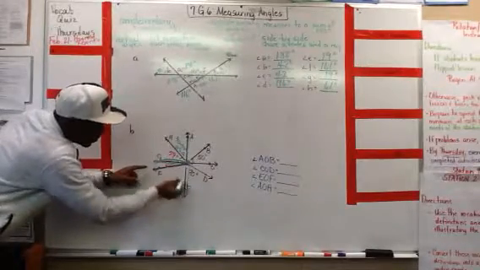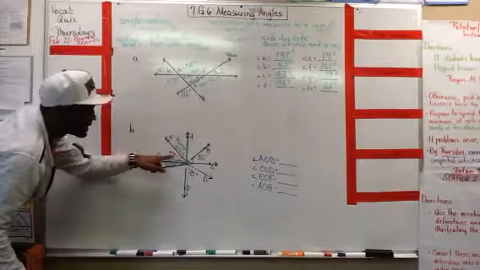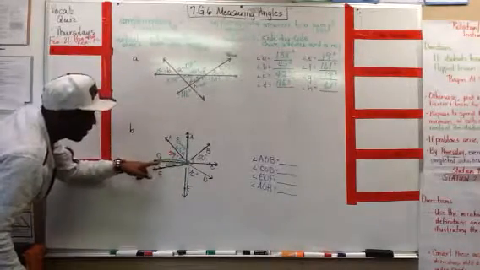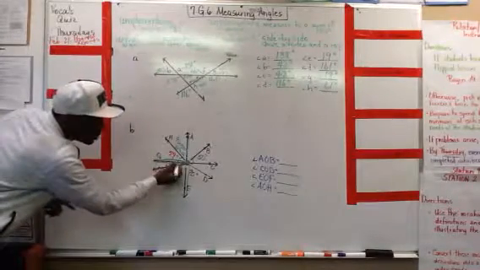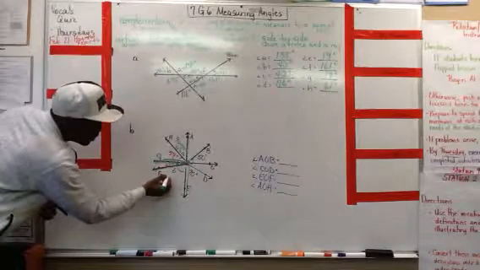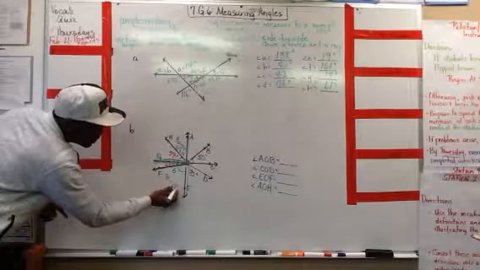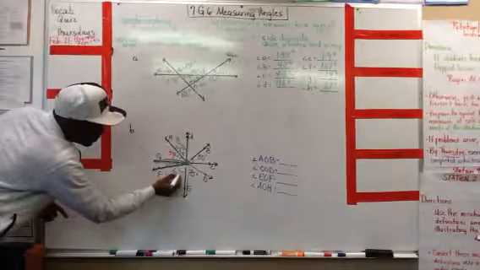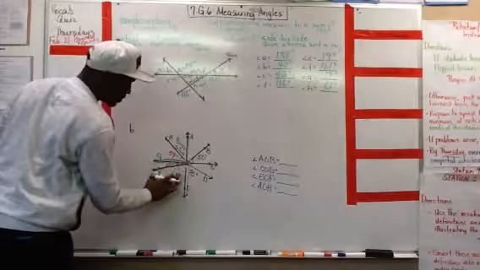This 90-degree angle has been cut into two different angles. We already have 23 of it, which is right here. How much is this one right here? 90 what? Degrees. Minus 23. So B equals 67 degrees.